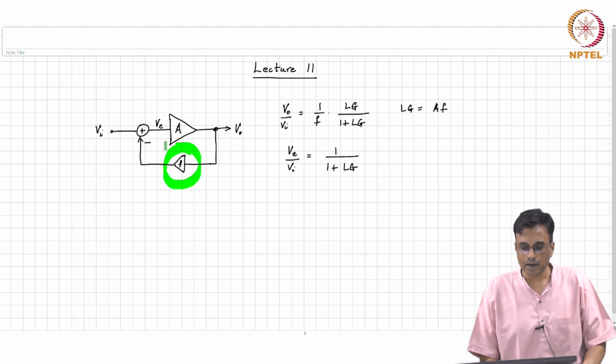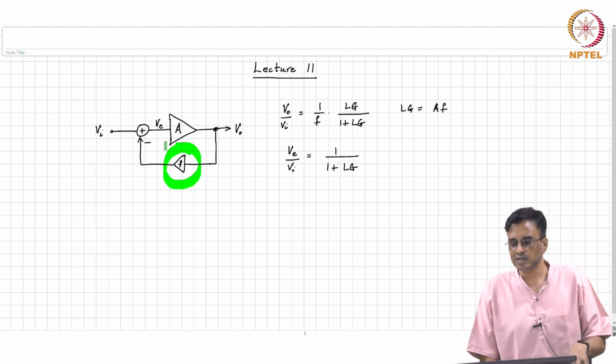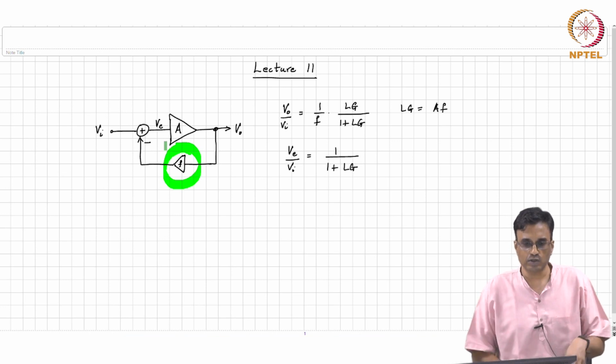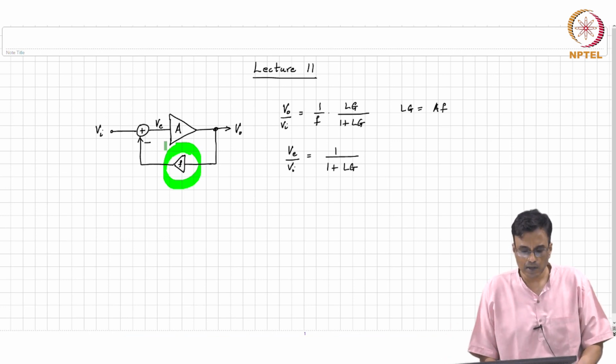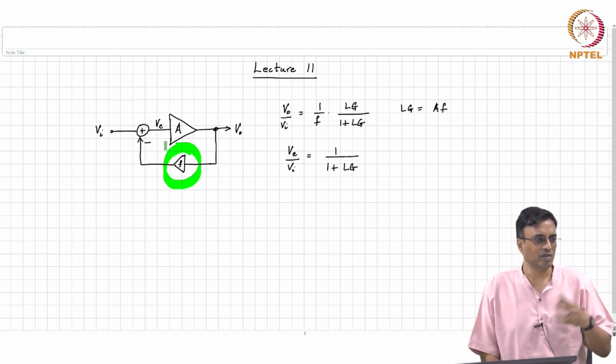And the forward amplifier's gain, which needs to be very large, will be realized using some kind of transistor network. Transistors and networks of transistors, as we will see going forward, are very good at giving you a lot of gain, but that gain also changes a lot over temperature and supply voltage change.